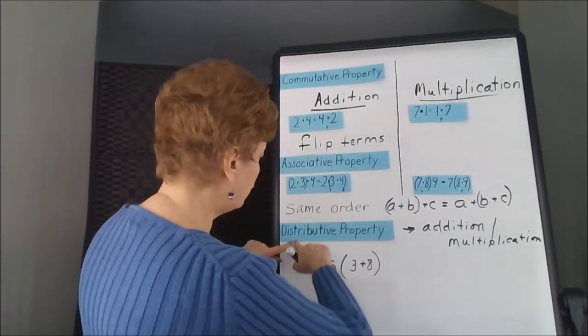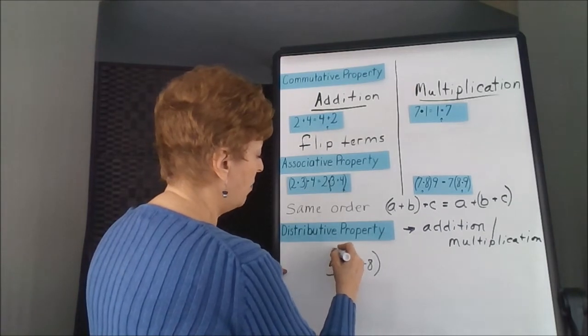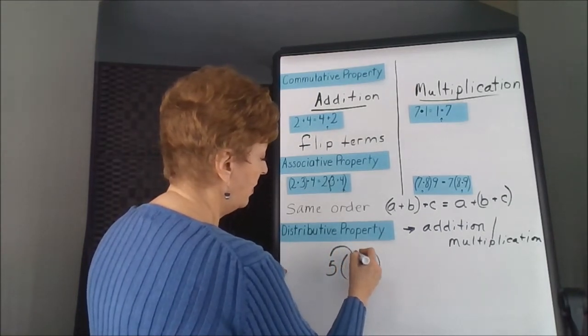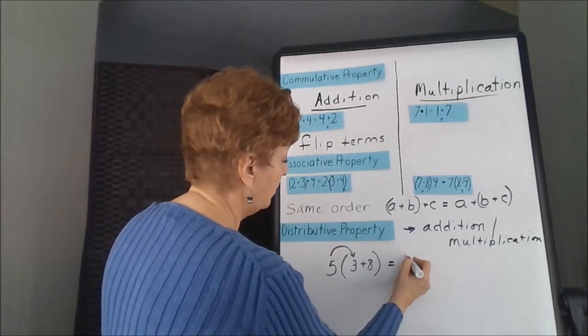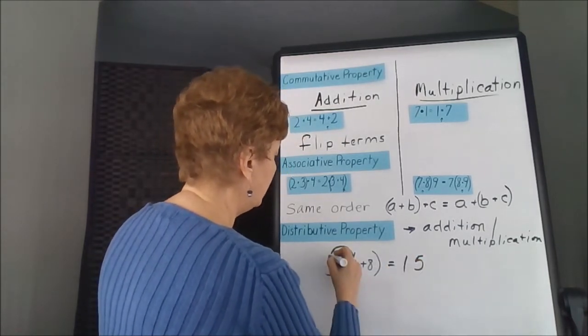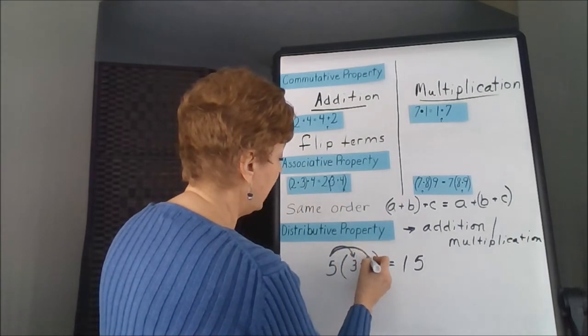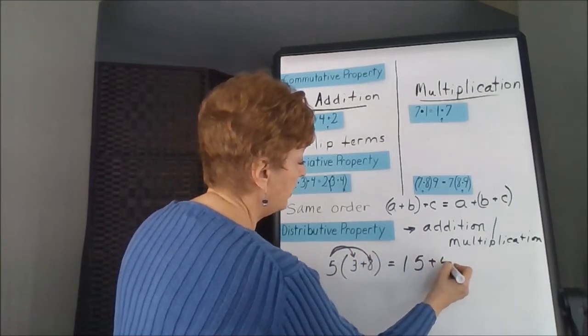you can distribute or multiply the first term. 5 times 3 is equal to 15, and then go back and go 5 times 8 plus 40.